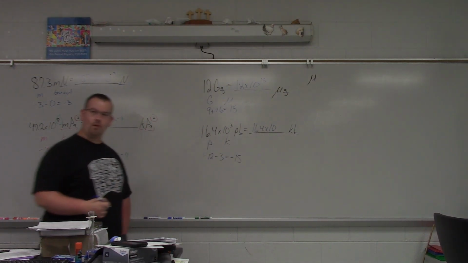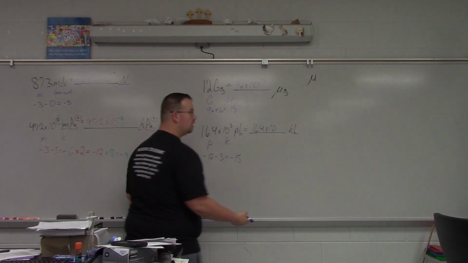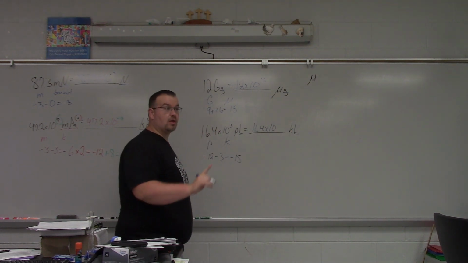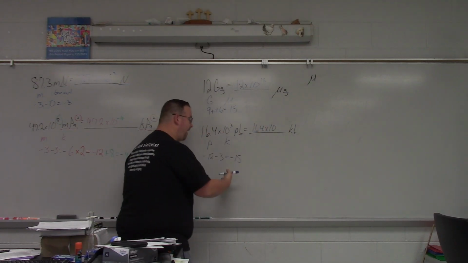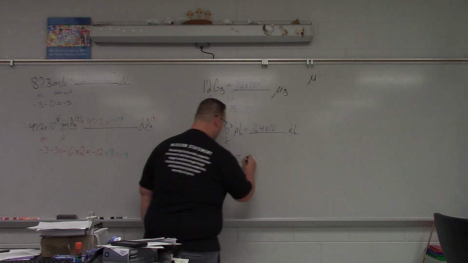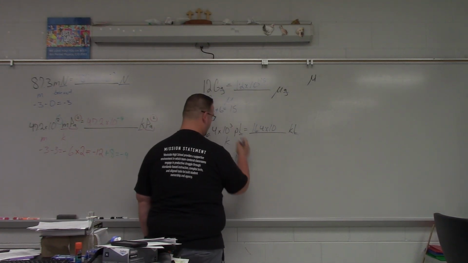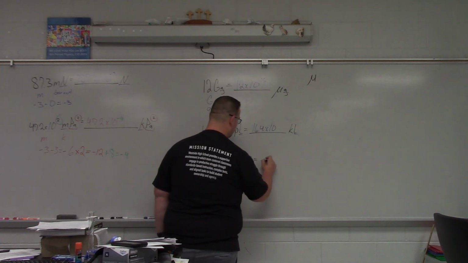Go to step 4. Is there an exponent on the units? No, there's not. So we don't multiply, skip step 4. Then we go to step 5. Do I start with an exponent? Yes. So I add positive 3 to it. Negative 15 plus 3 is negative 12.